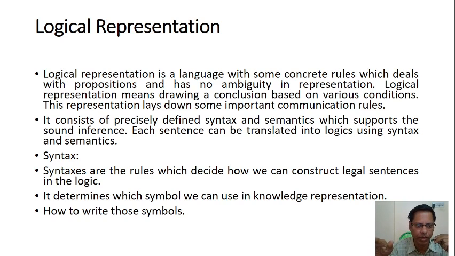Syntaxes are the rules which decide how we can construct legal sentences in the logic. It determines which symbols we can use in knowledge representation and how to write those symbols. That is syntax. How can we represent the symbols when we are trying to find out?